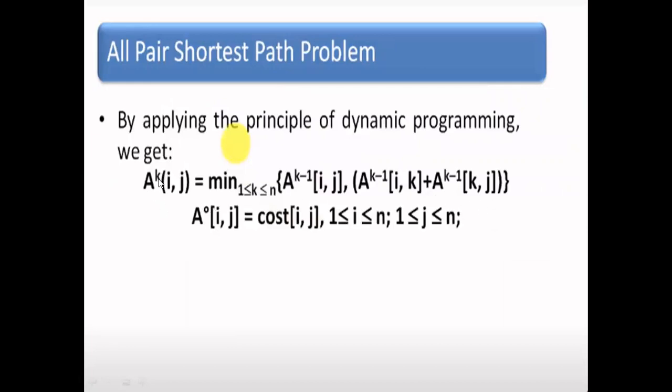A power K, where K means the intermediate vertex, is the minimum of A power K minus 1 of I comma J, and A power K minus 1 of I comma K plus A power K minus 1 of K comma J. A power 0 is the original cost matrix, that is, A power 0 of I comma J is the cost of I comma J. This is the main principle and formula used in the all pair shortest path problem.